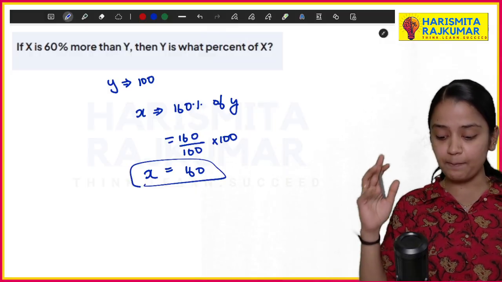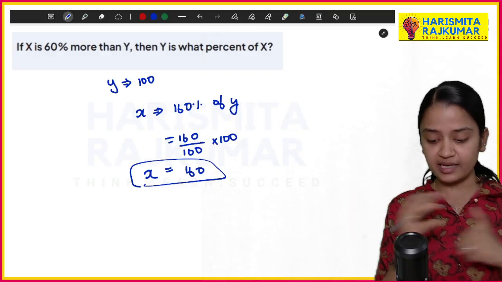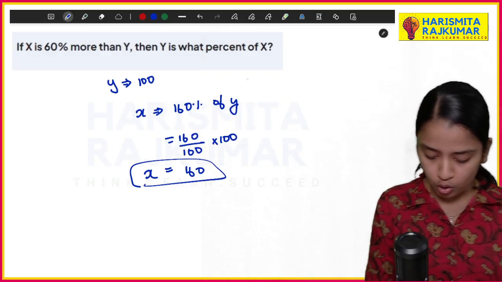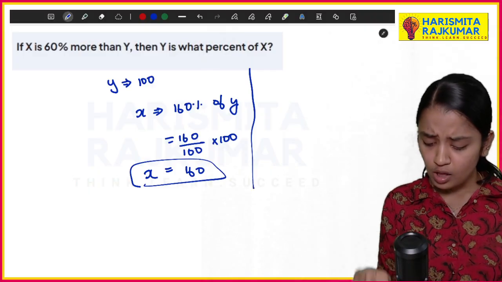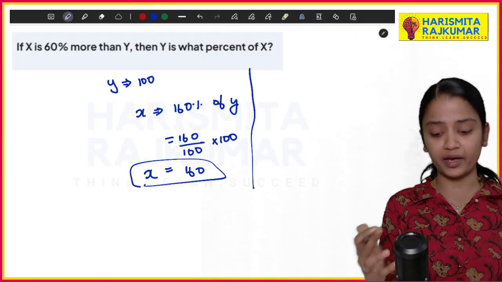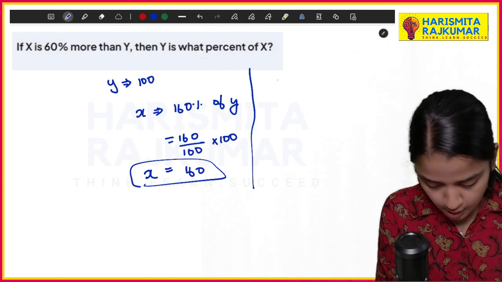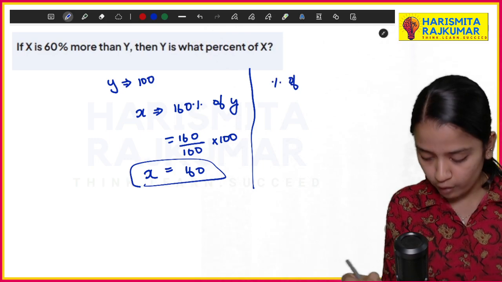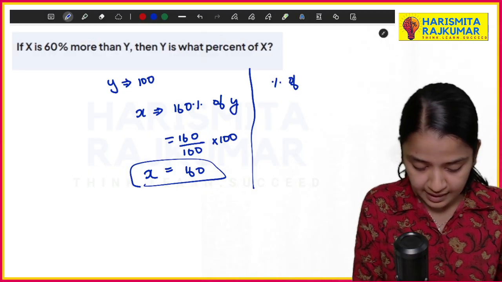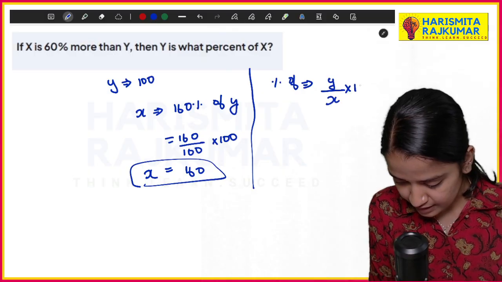Now, in the question, what did they ask? What is the percentage of y with respect to x? I already told you x is 60 percentage more than y. Now you have to use the formula: percentage will be y by x into 100.